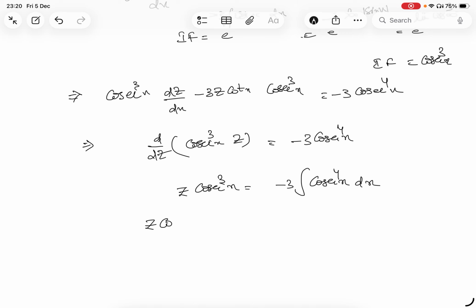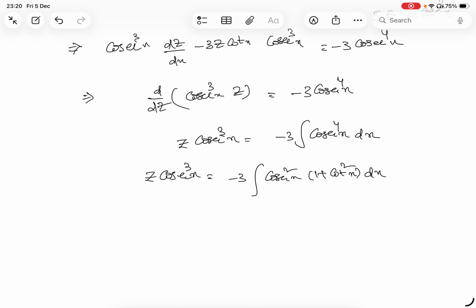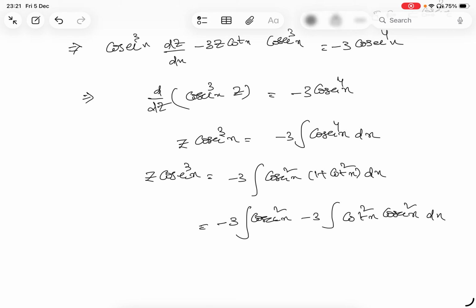Let's solve this integral. z cosecant cube x equal to minus 3 into, let's try to write it in the form of cosecant square x into cosecant square x, which is 1 plus cot square x into dx. Fine. Now let's expand this: minus 3 into cosecant square x minus 3 into cot square x into cosecant square x dx.